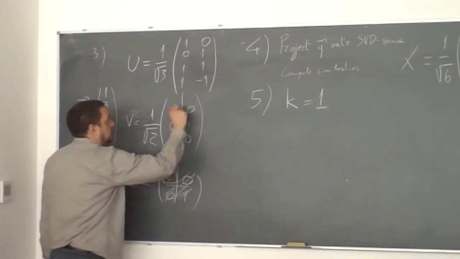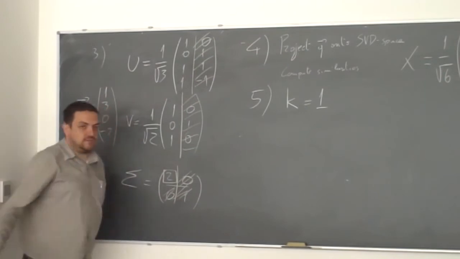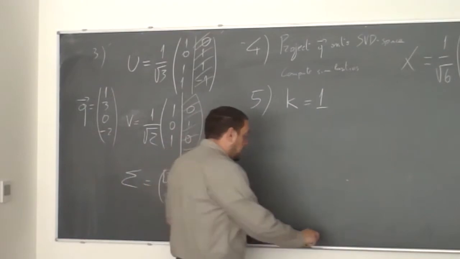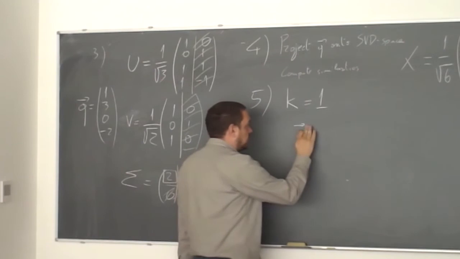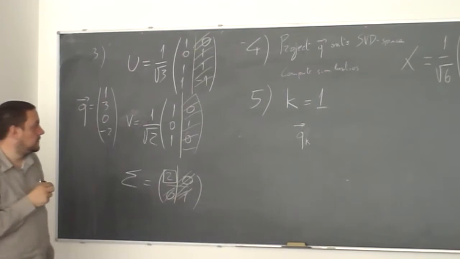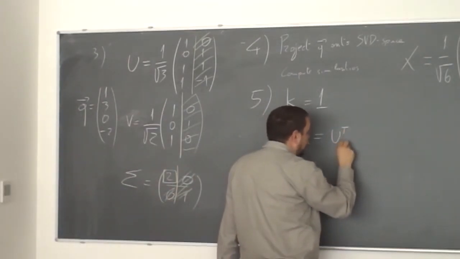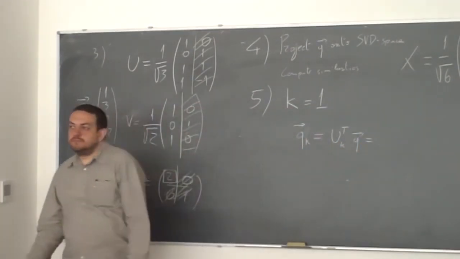And we are equivalently removing all columns, with the exception of the first, from matrices U and V. Now, of course, computations become even easier than before, because the new approximation of Q, let's call it Qk, which is Uk transpose Q, is now a single value.